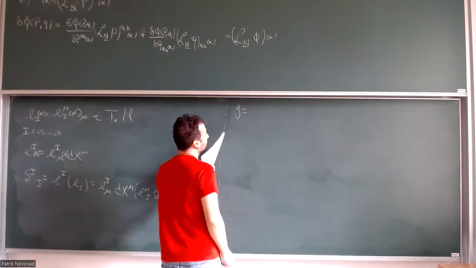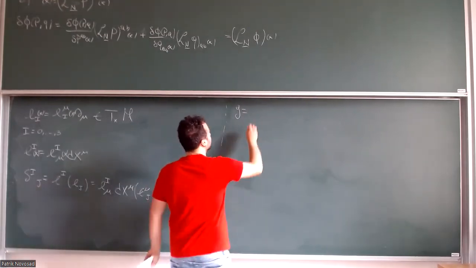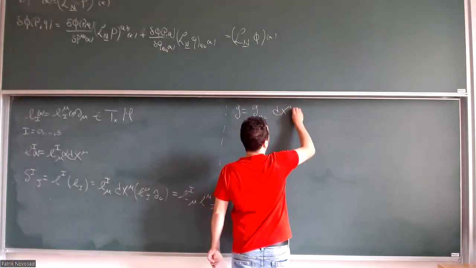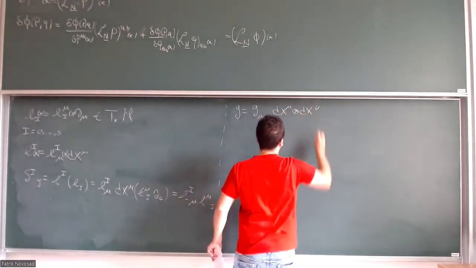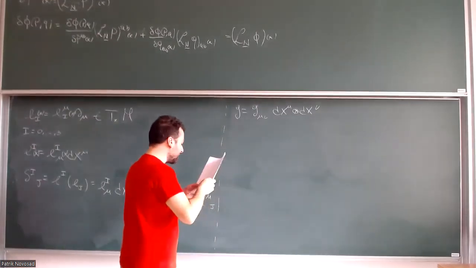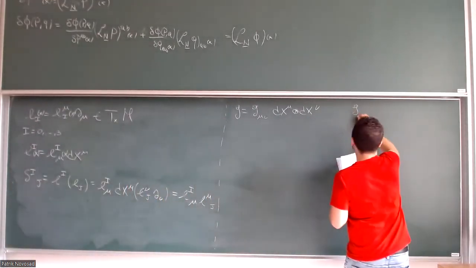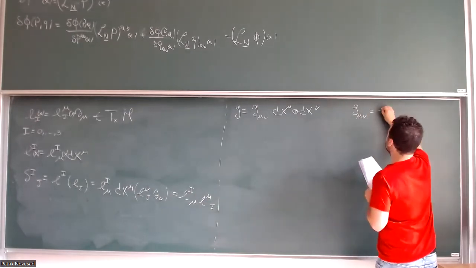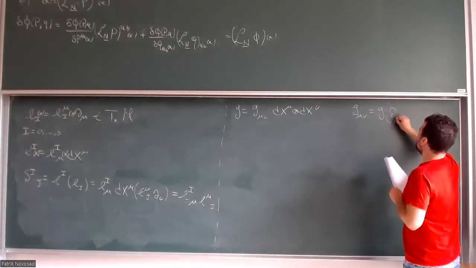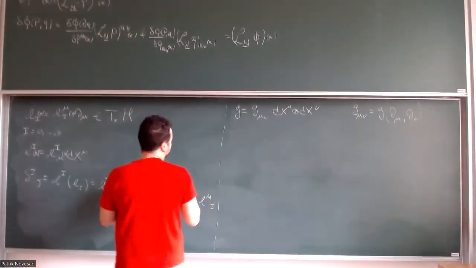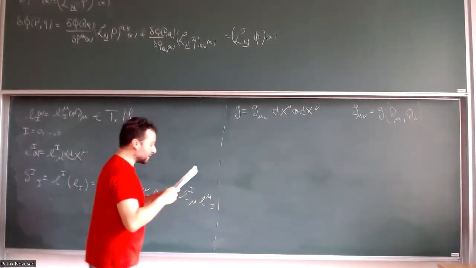If we write the metric tensor as G mu nu, then we know that G mu nu is just G with the mu nu set to vector fields.